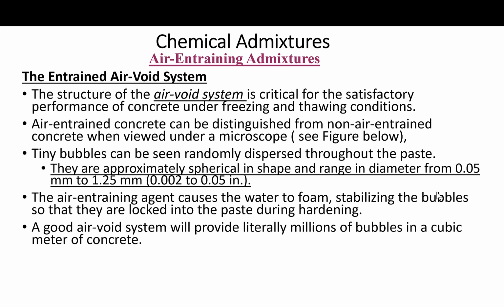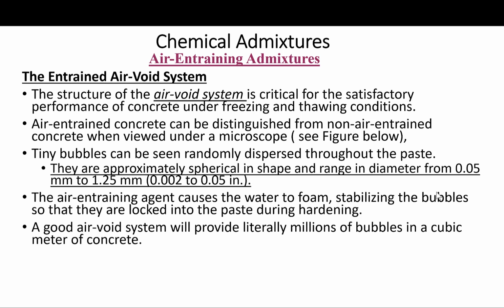So let's look at the entrained air void system. The structure of the air void system is critical for the satisfactory performance of concrete under freezing and thawing conditions. Air-entrained concrete cannot be distinguished from non-air-entrained concrete with the naked eye.